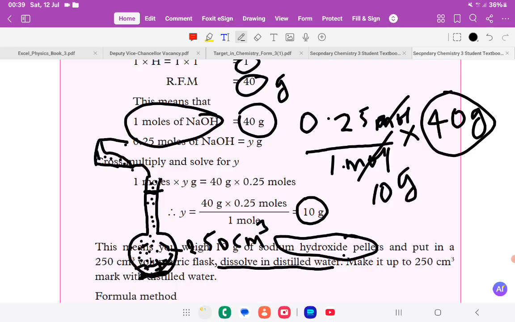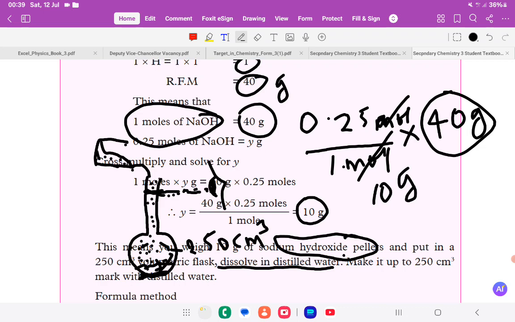You have to be careful when determining the level when this is filled up. Remember, when you are taking a reading from a volumetric flask or any other equipment, you have to position your eye perpendicular to the mark. So you fill this such that the meniscus, the curved surface, is aimed at your line of sight, like that.